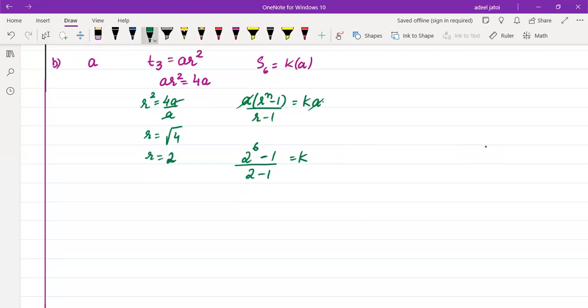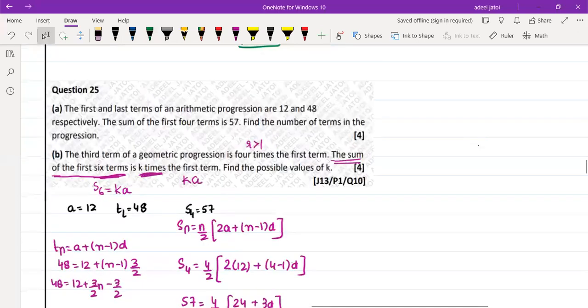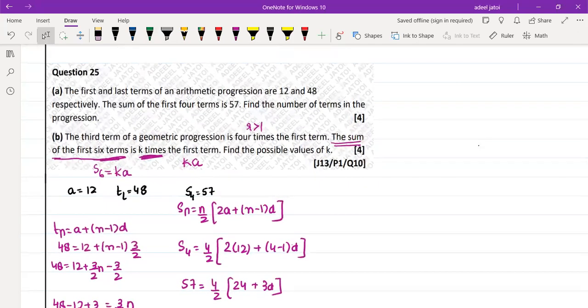So 2 to the power 6 is 64, minus 1 should be k. So the value of k is 63. So this was June 2013 paper 1 question number 10.